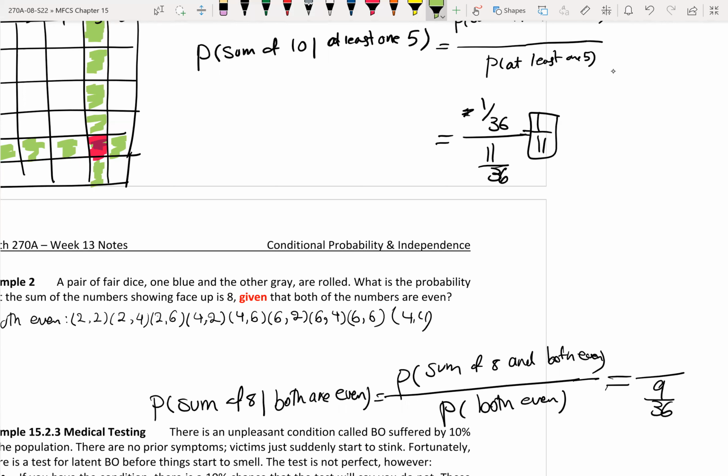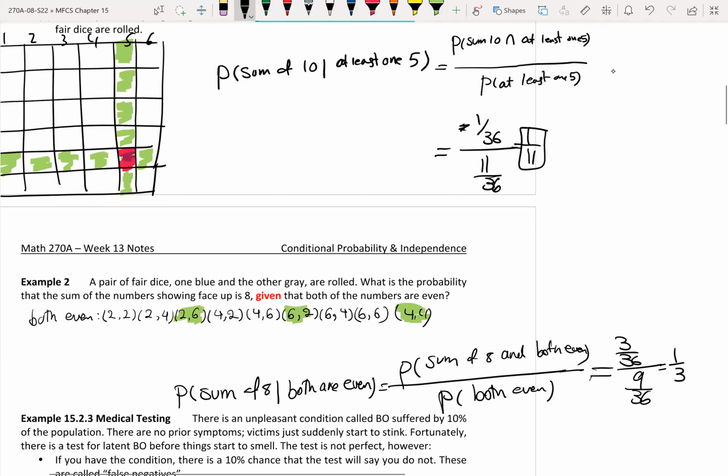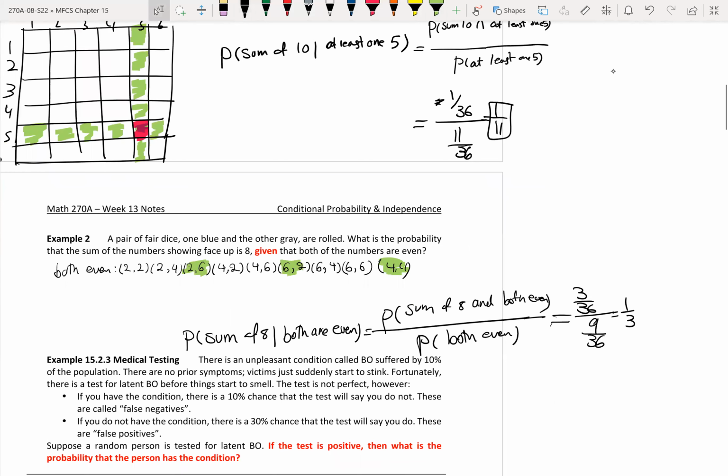How many of them have the sum of 8? 1, 2 only. Oh, 3. Right? Yeah. So it's 1/3. Question here? Do you agree with this?